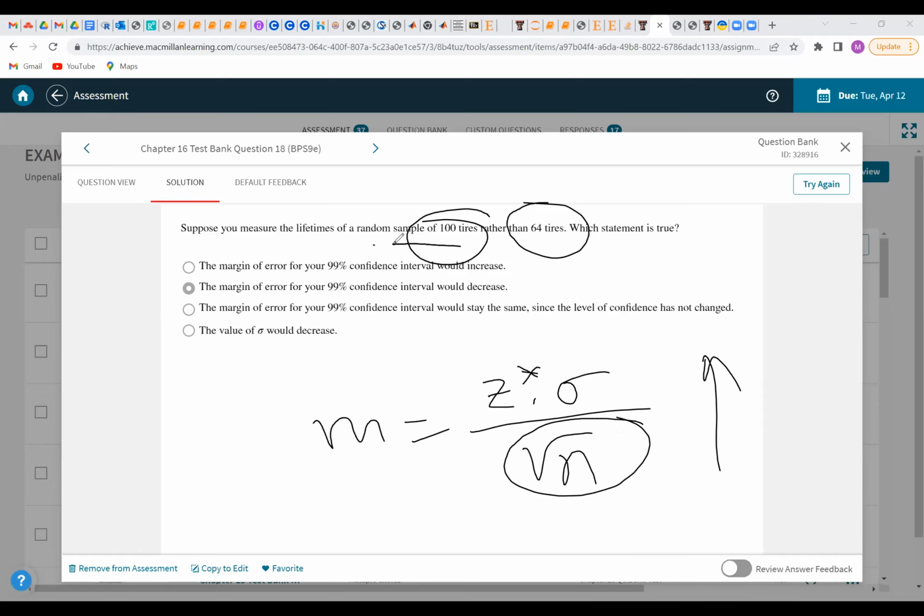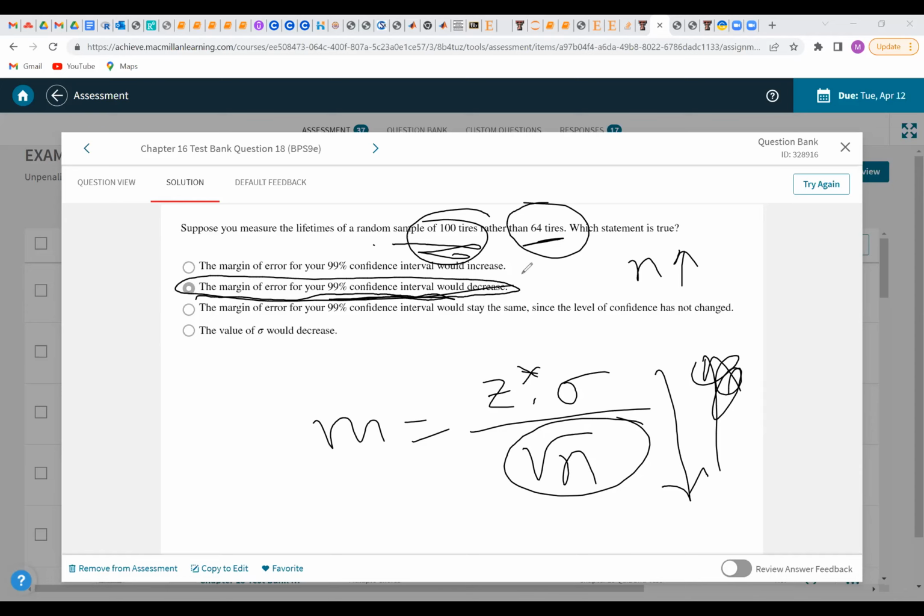So we considered 100 instead of 64, so that means n increased, right? So we increase the sample size, so the margin of error will decrease. That means the margin of error for the 99% confidence interval would decrease. So this is the correct answer because we increase the sample size.